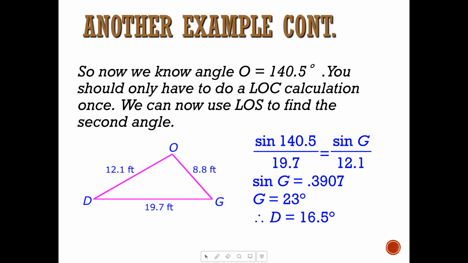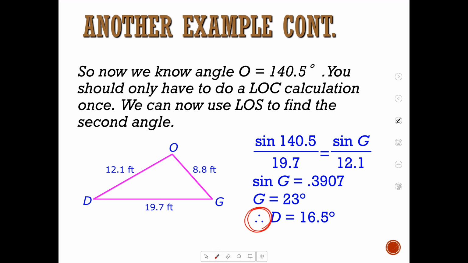And then I did D. Notice there's no calculations for D. How did I find angle D? O and G added together, no, 180 minus O plus G. Good. Yeah. Have we talked about this symbol, by the way?